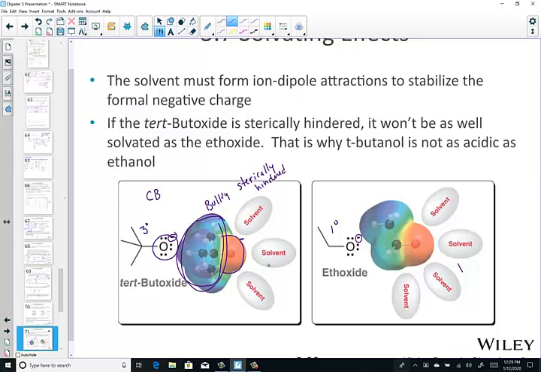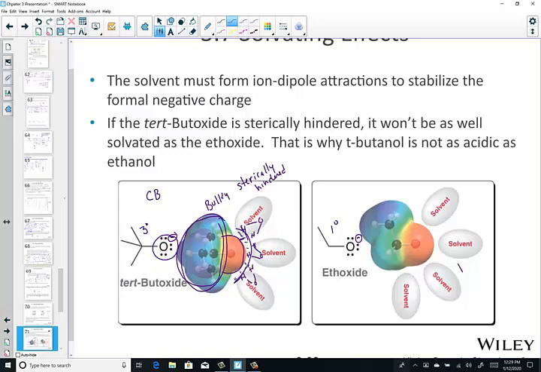The only interaction that this solvent might have, and if it's water, for example, we'd want to align the hydrogens there to help stabilize the charge, right? Hydrogens are partial positive, so water would be trying to align itself to place the hydrogens next to it just to help stabilize with these hydrogen bonds.